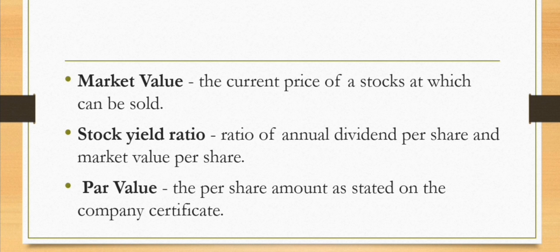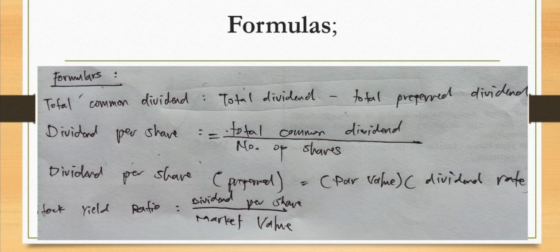And lastly, the par value. This is the per share amount as stated on the company certificate. So these are the formulas of the said terminologies. First, to get the total common dividend, this is the total dividend minus the total preferred dividend.